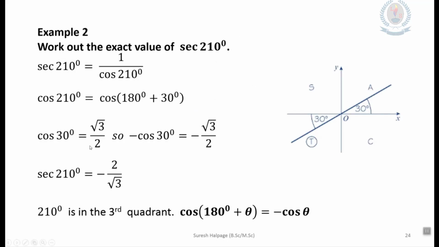So this is equal to minus cos 30. You know that cos 30 is root 3 divided by 2. Then sec 210 degrees equals minus 2 divided by root 3. You can get the exact value like this.